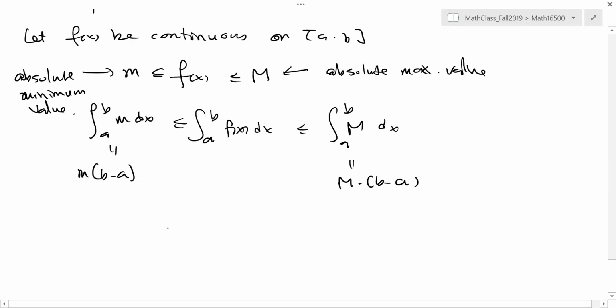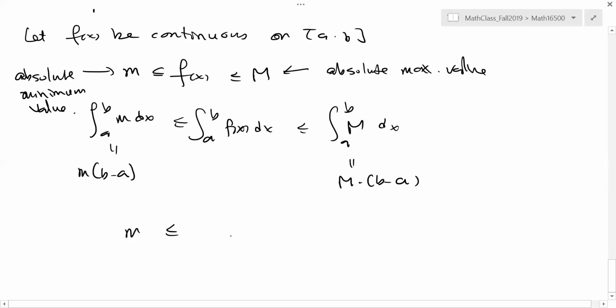So the average value is greater than or equal to the minimum value and less than or equal to the maximum value. And that's reasonable because it's an average value.